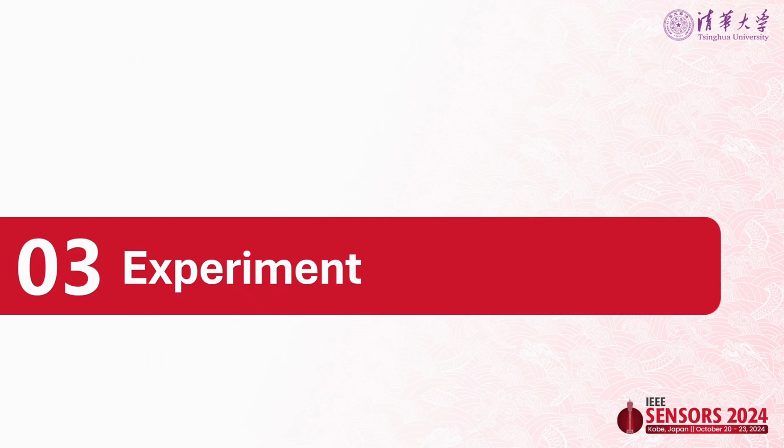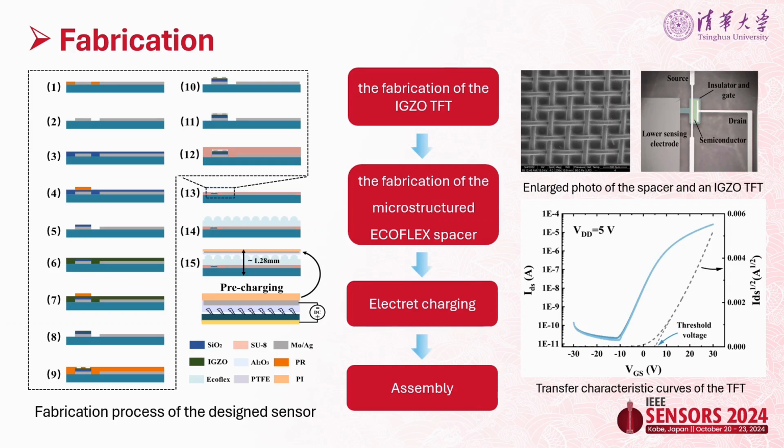After verifying the effectiveness of the proposed solution, let's move on to the experiments. The left picture is the detailed microfabrication process, mainly including the fabrication of the TFT, the macrostructured EcoFlex spacer, and electrode charging and assembly.